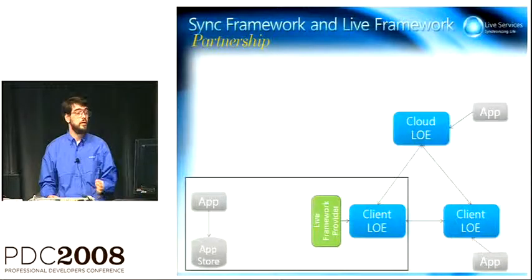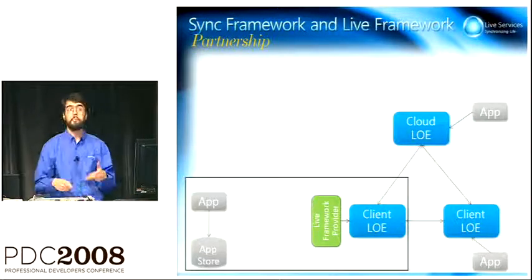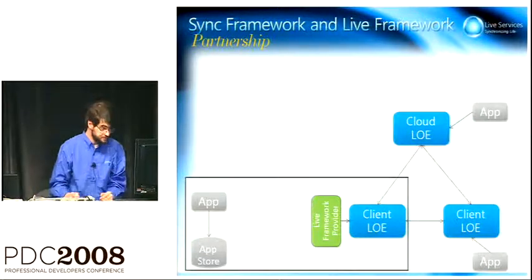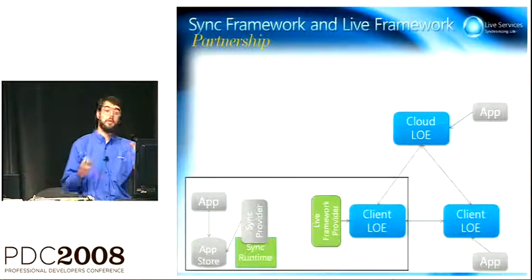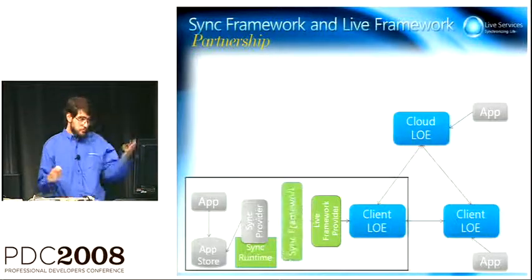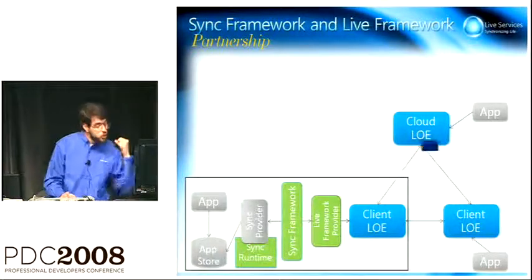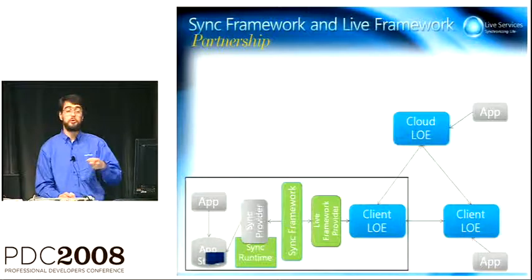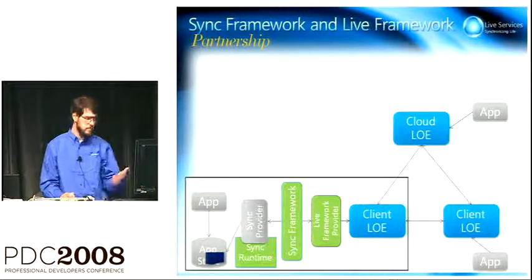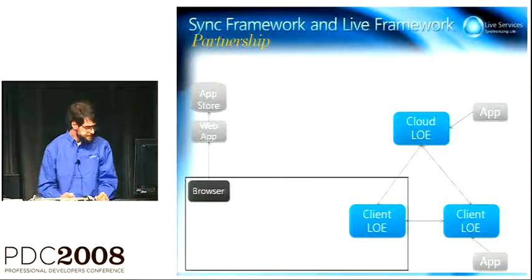And that is where Sync Framework comes in. Using the Live Framework provider, which will be part of Sync Framework v2, and a provider that is written against your app store using Sync Runtime, and the Sync Framework Orchestrator, you can connect the two and get the data to flow from the app store to the mesh and back. That is very easy to do. I will be showing an example of that in a little bit of time.